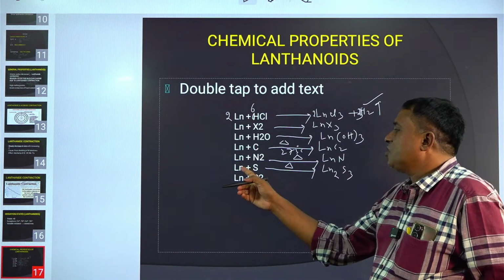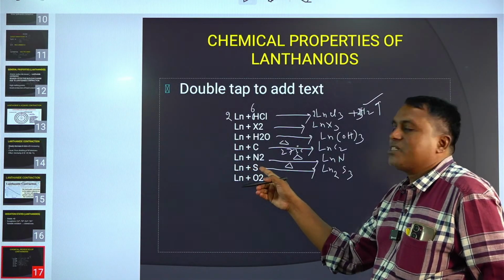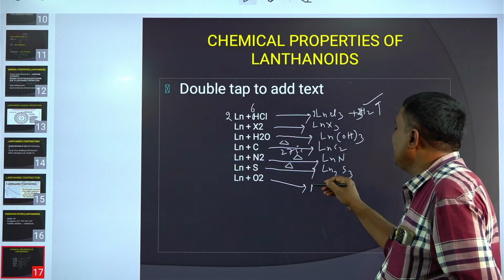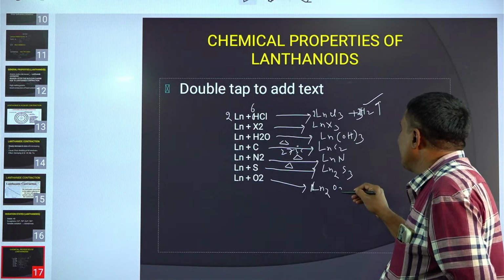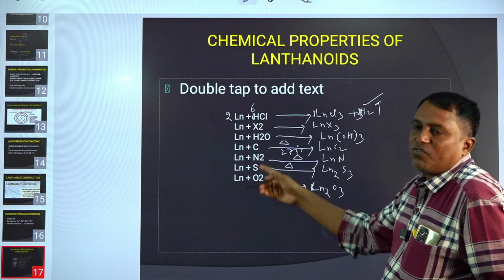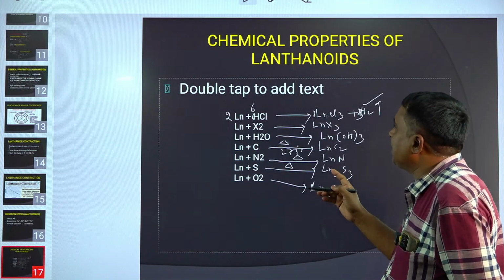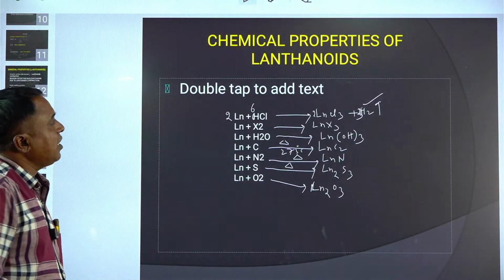Assume Ln is aluminium. Aluminium plus oxygen gives Al2O3, so with Ln, Ln2O3. Both oxygen and sulfur belong to the same group. That's why Ln2S3, Ln2O3. So these are some chemical properties shown by lanthanide elements.